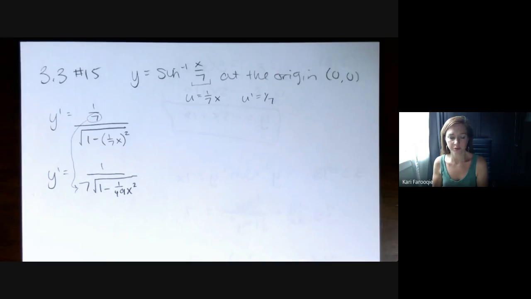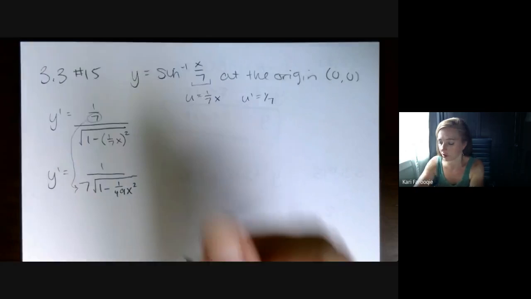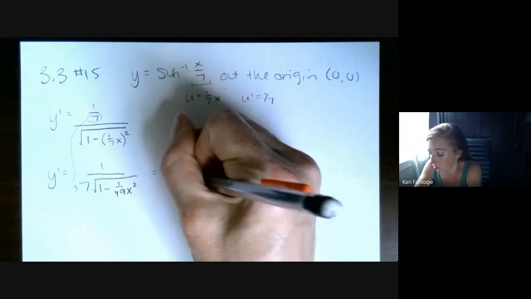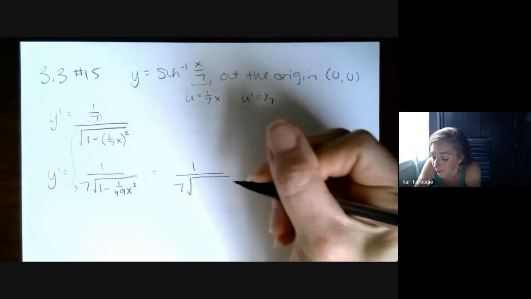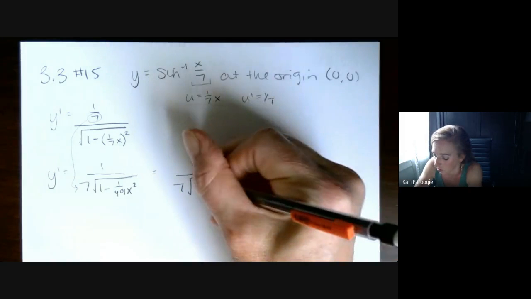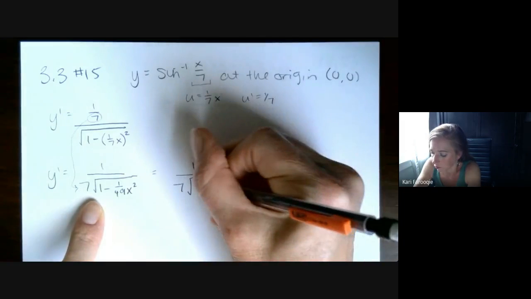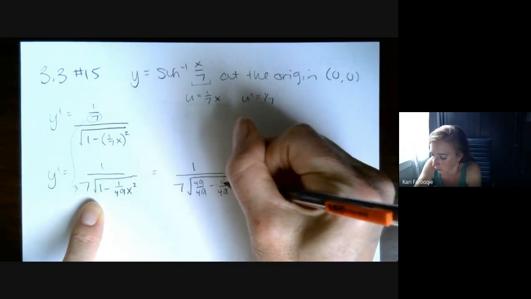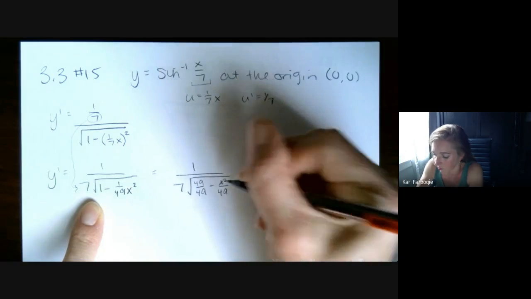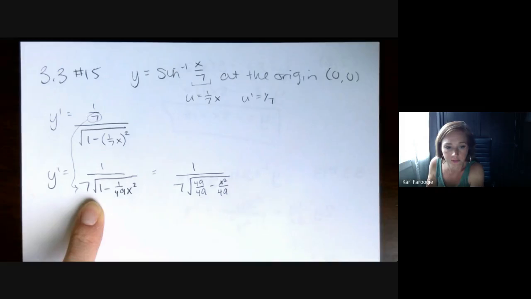If you want to simplify this, fine. If you don't, fine. I mean, technically you could work with this 49. It would make your life a little bit easier when you simplify. You don't have to, but it might make the simplification easier in this case. So if you think of 1 as being 49 over 49, just move that x squared into the numerator.